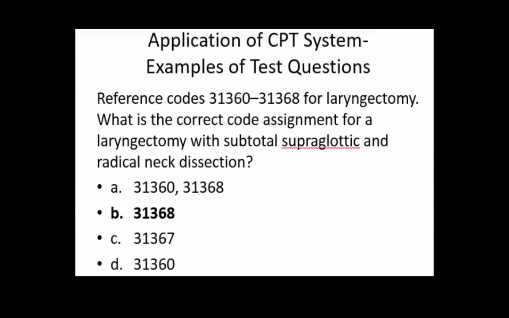So our answer would be 31368. That code description describes exactly what our diagnostic statement says it does. So 31368 is the correct code assignment for a laryngectomy with subtotal, supraglottic, and radical neck dissection.